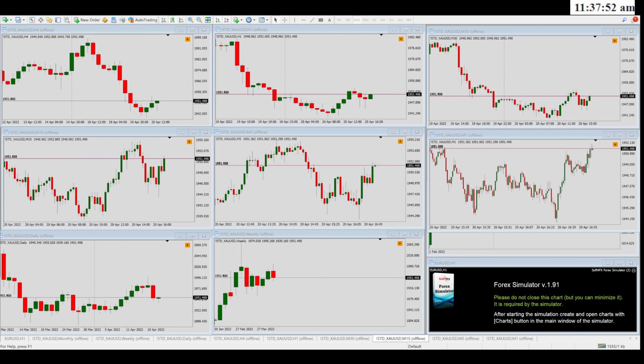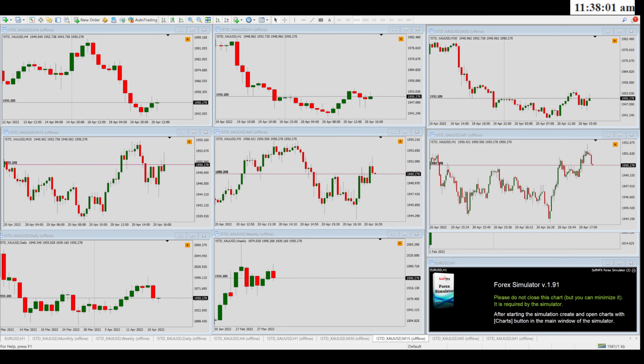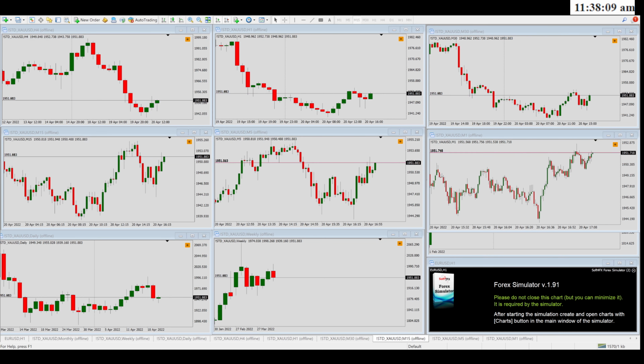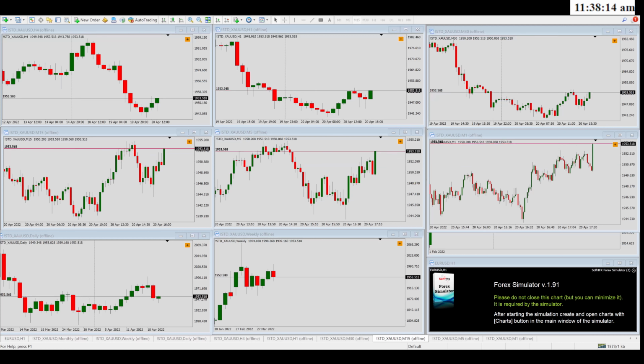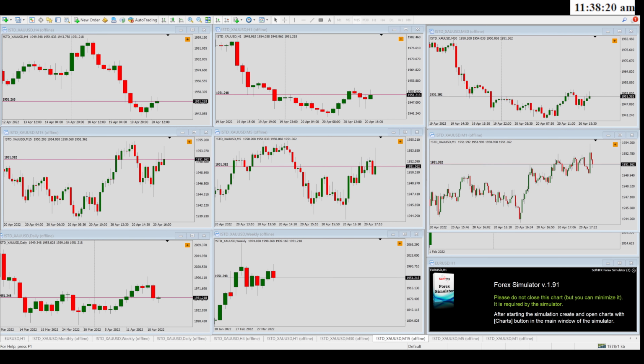Other than that there is no trade for me, no buys. If we break below the M15 low, I will execute sells. Other than that, no trade. There is no trade for me.